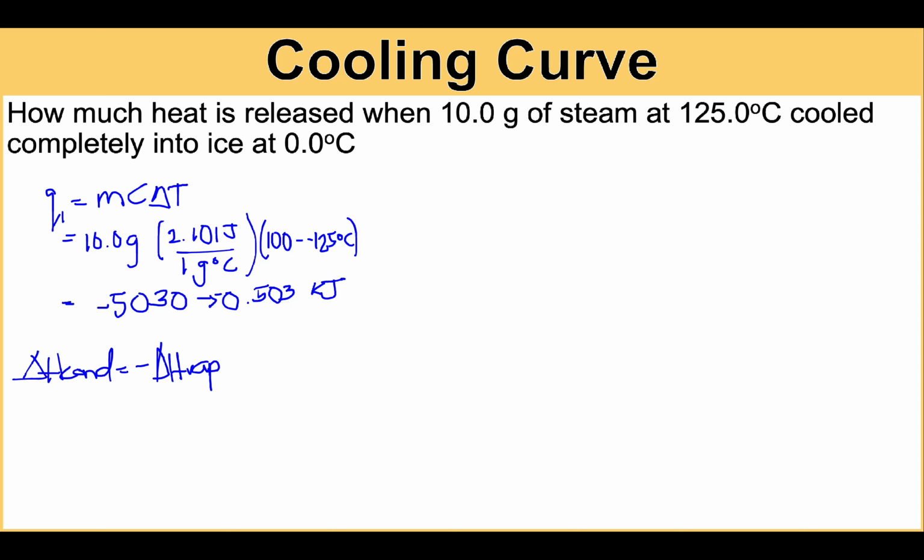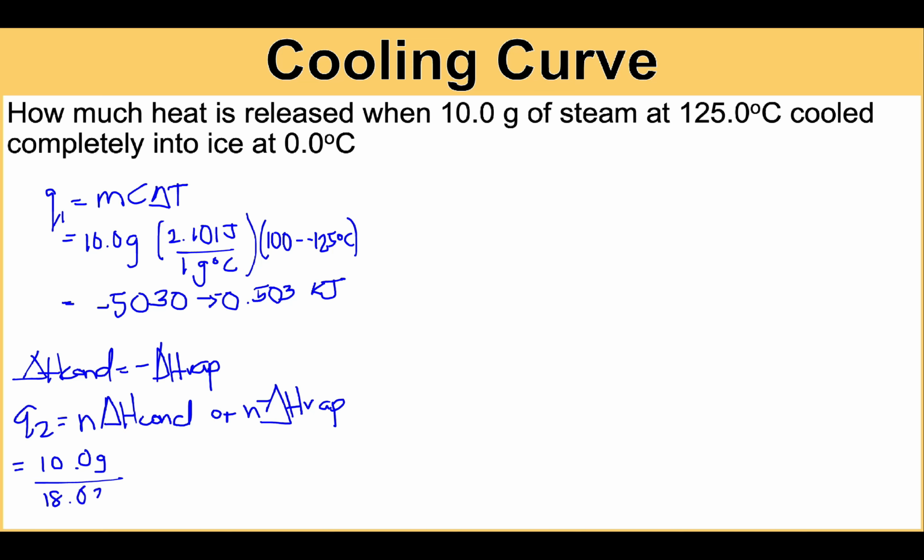So we can write Q2 like this, or the negative of ΔH vaporization. So substitute the values. Okay, again, 18.02 is the molar mass times the negative of heat of vaporization. This will give you negative 22.6 kilojoules.